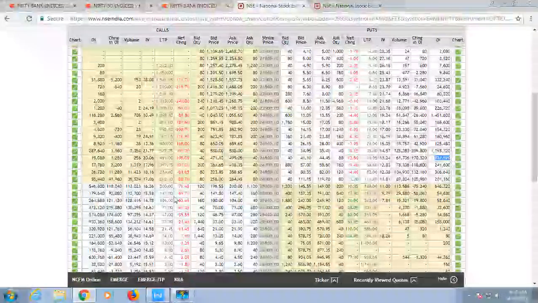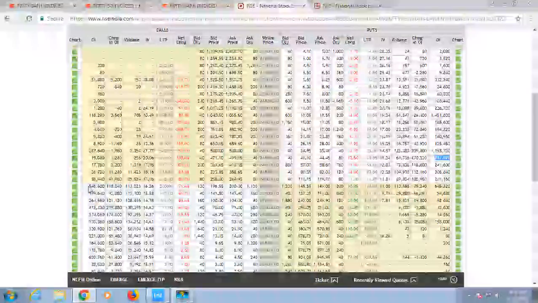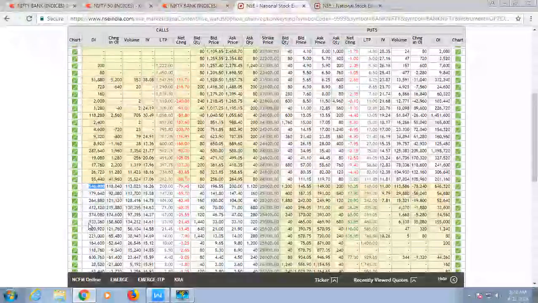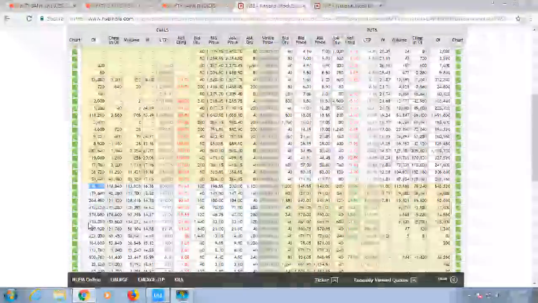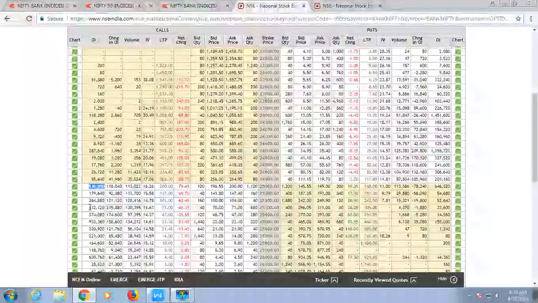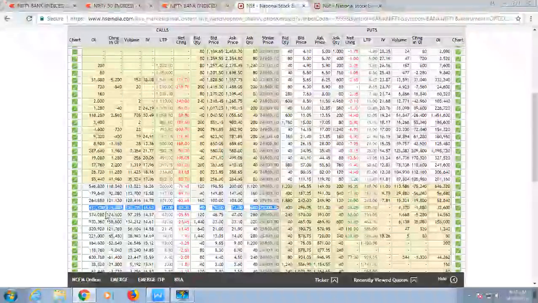And if we check the call, then 25,000 call has the maximum open interest. Maximum open interest has been seen for the 25,500 followed by 25,000. Then we can see the 25,300 call has the maximum open interest.